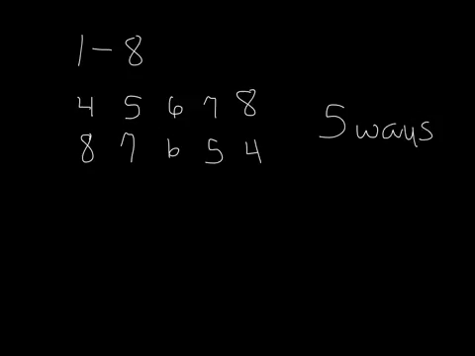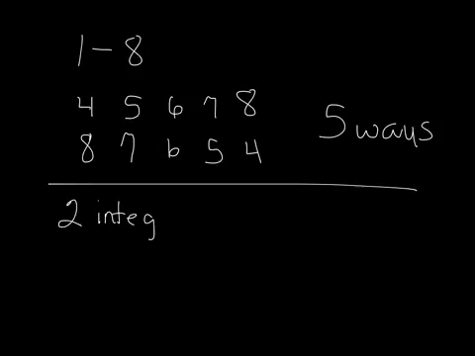All right, let's say we've got a computer that's just randomly generating 2 integers from 1 to 12. So we've got 2 integers that it just spits out randomly from 1 to 12.